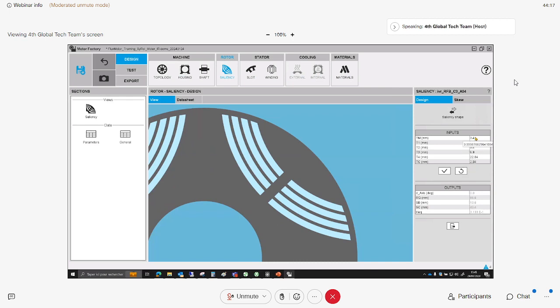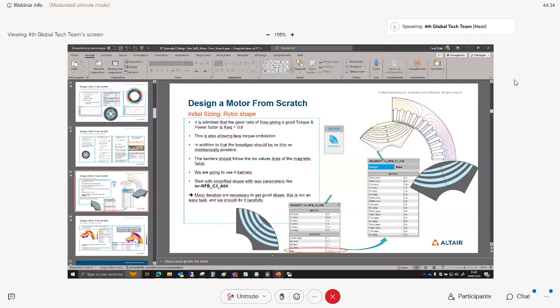Okay, and then here you have really not a lot of parameters to play with, and each time you have to have a look at this insulation factor, which again should be equal or close to 0.86.